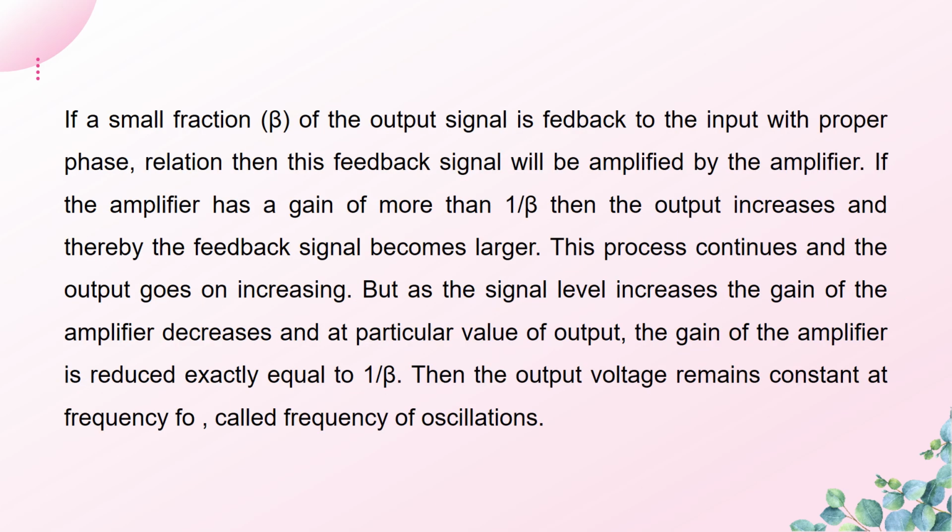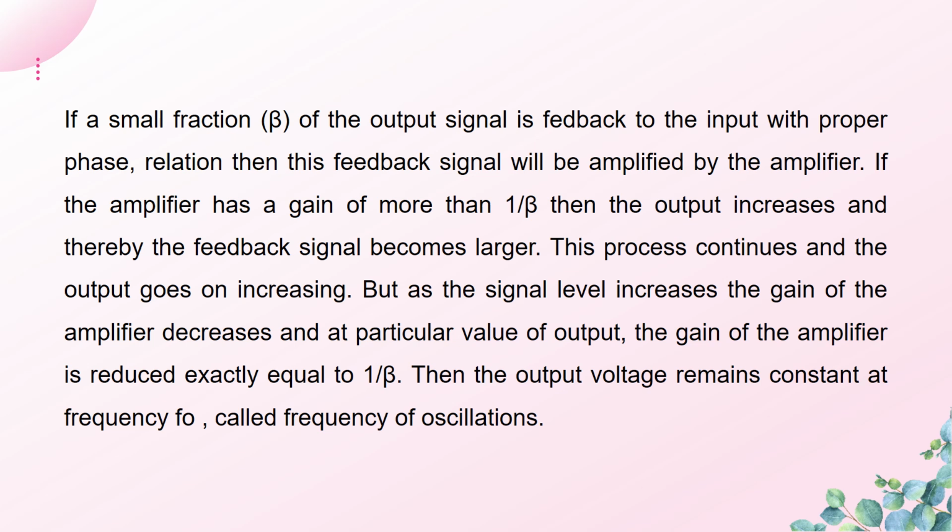So let us consider the feedback factor, let us represent by small fraction beta. If a fraction beta of an output signal is fed back to the input with proper phase, then the feedback signal will be amplified by the amplifier. If the amplifier has a gain of more than 1 by beta, then the output increases and thereby the feedback signal becomes larger.